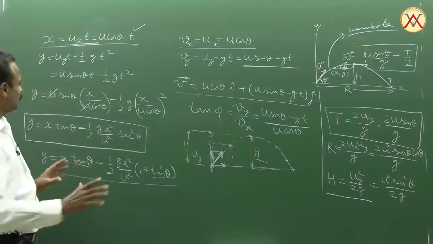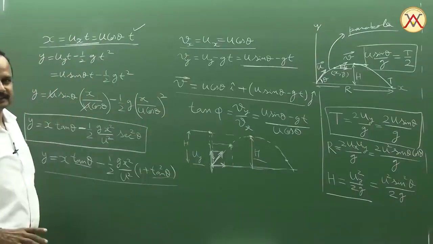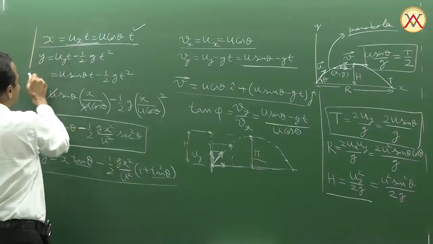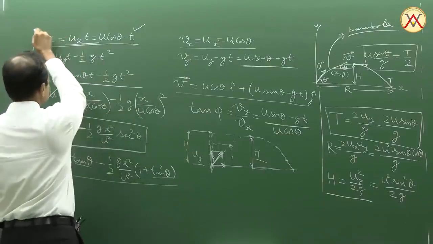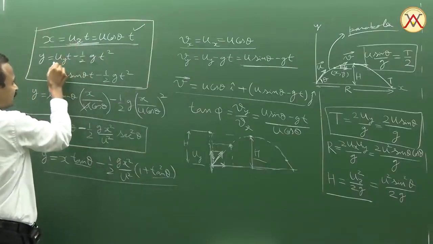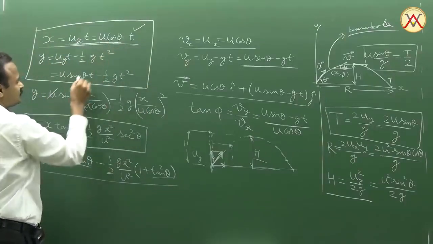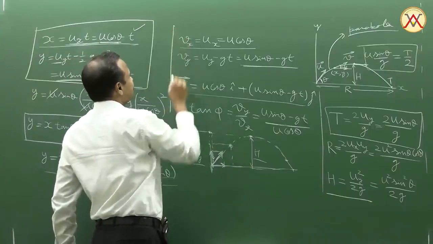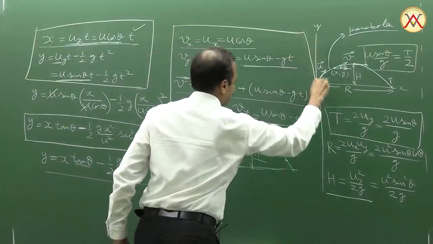So on this board, you can see all the important results related to projectile. These are x and y coordinates in terms of the components of initial velocity as well as in terms of magnitude and direction. Here you have velocity.